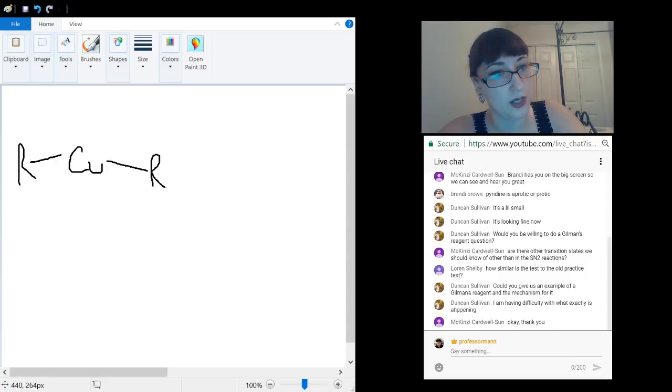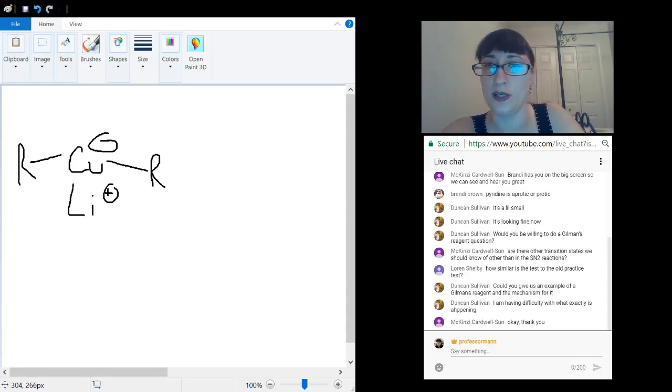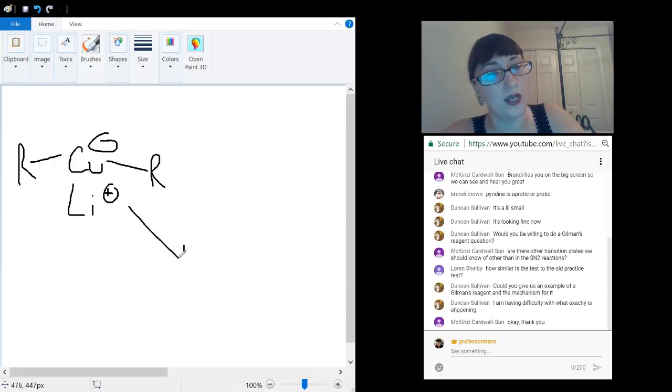And it should be symmetric. That copper has a negative charge on it, and it gets complexed with lithium, which is why you usually see it as Cu and Li together. We can put that with some sort of carbon that has a good leaving group on it. The ones that we've seen for this example are alkyl halides.